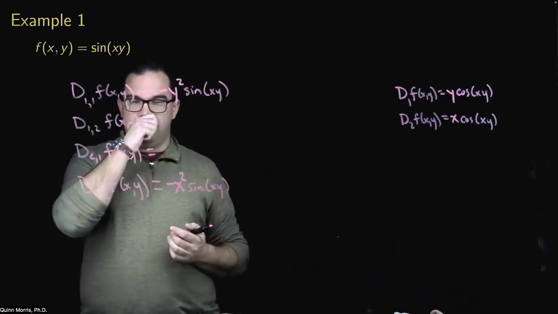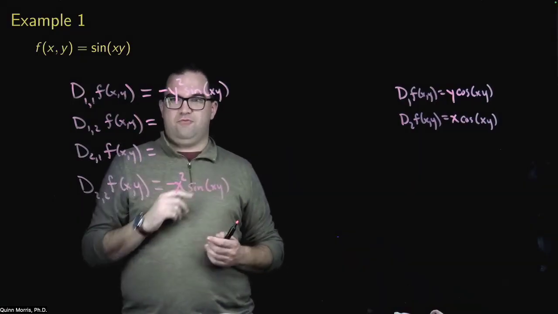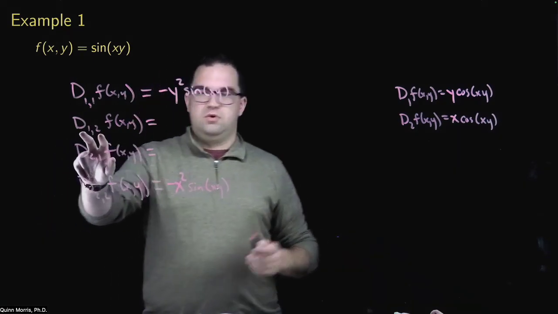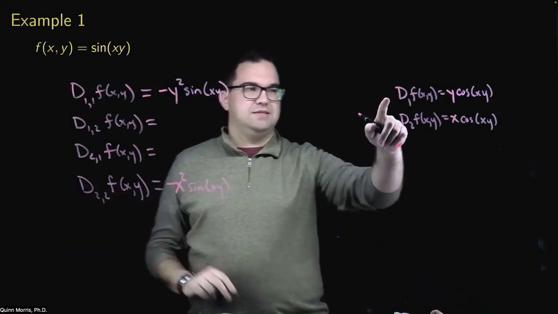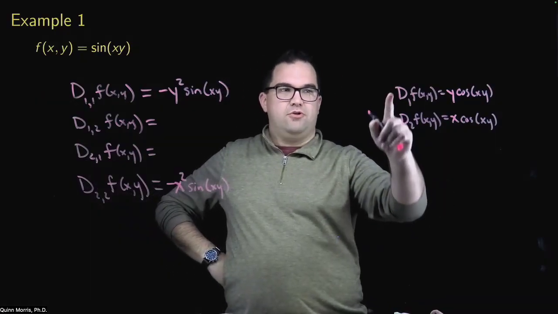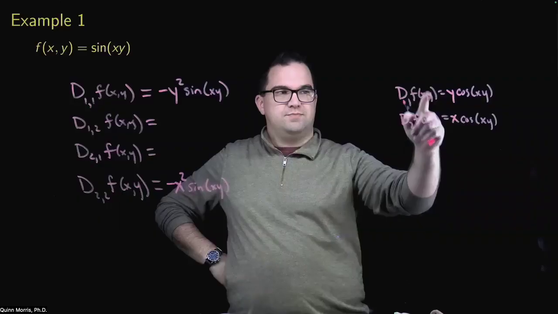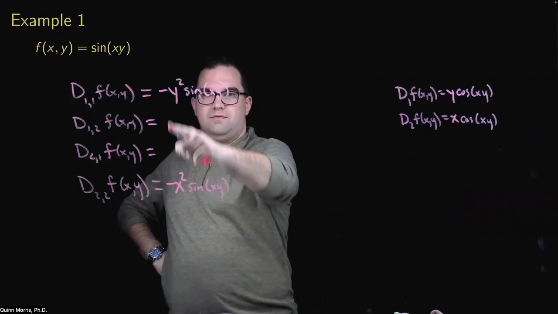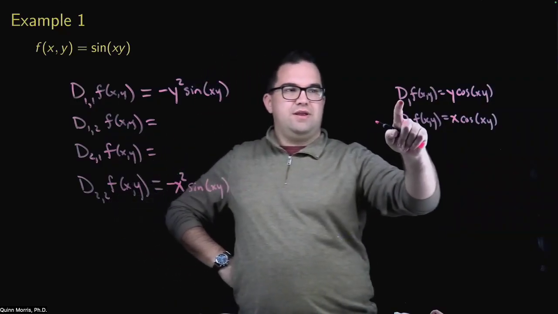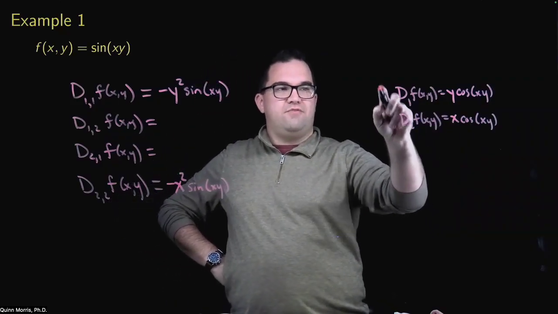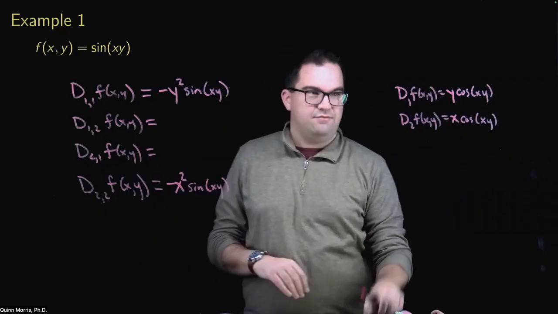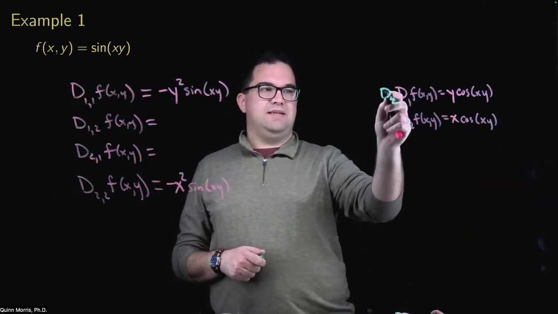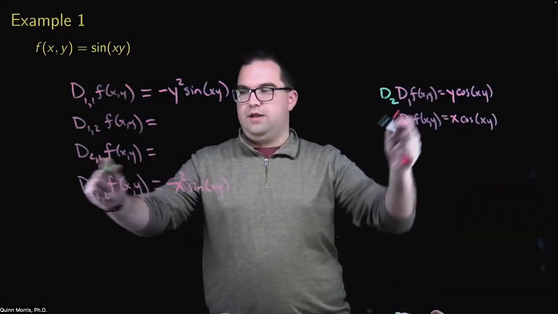Now, for these two interior ones, we need to be a little careful. For each of these, I'm going to take a derivative with respect to the other variable. Here I first took a derivative with respect to x. Now I'm going to take one with respect to y, but which one of these is that? I already have d1 of f. Now if I take a derivative with respect to the second variable, that would be d2 d1, or d21.